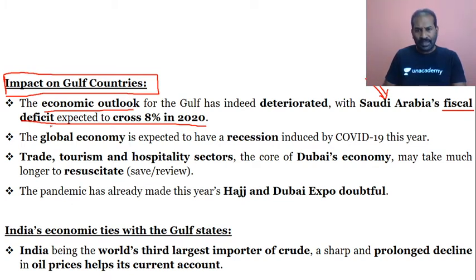And in India, what is the fiscal deficit target to the GDP? It is 3.2 to 3.5 percentage. I will just add one point here, comparing Saudi Arabia's fiscal deficit and India's fiscal deficit.